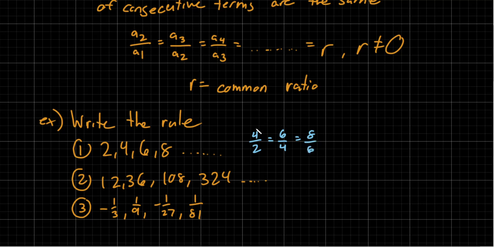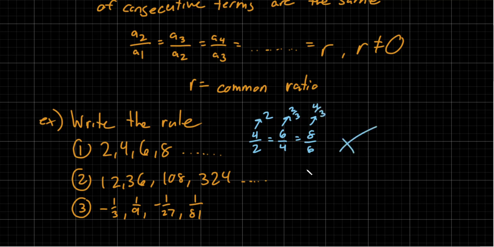What is the first one simplified to? 2. Second one? 2 and 3/2. What about the last one? 4/3. Is this a geometric sequence?